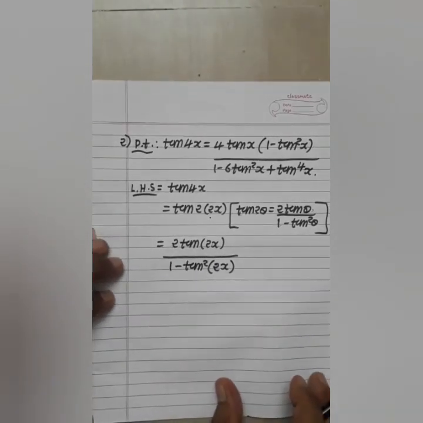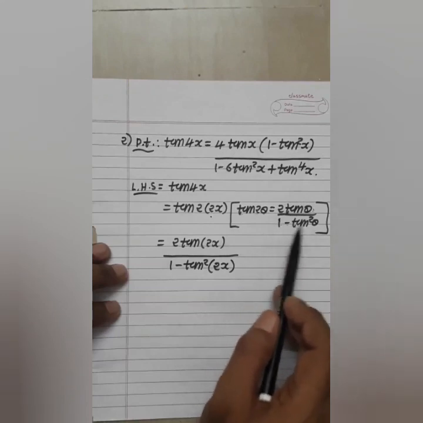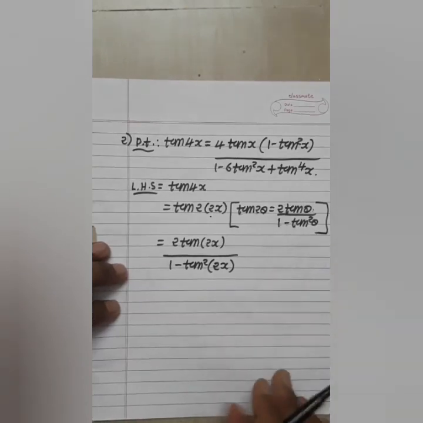Now again the same identity applies here. Tan 2 theta is equal to 2 tan theta upon 1 minus tan square theta.